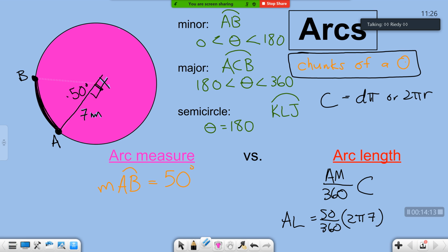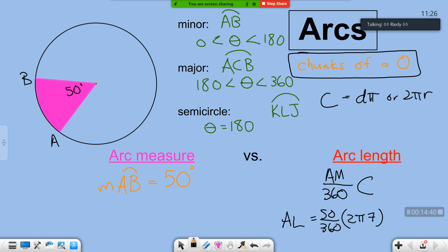Well, we're going to do something nice and simple, and that is, based on what we just discussed, how would I find the area of that pink region? Let me get all this other riffraff out of here. Okay, and put back what we know. A, B, 50 degrees, and 7 meters.